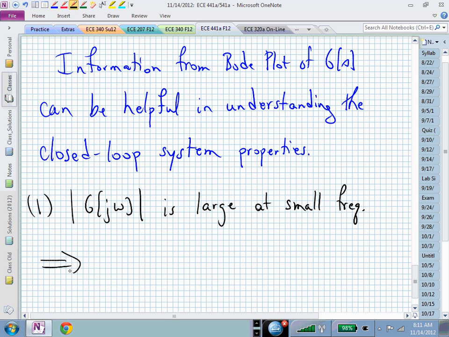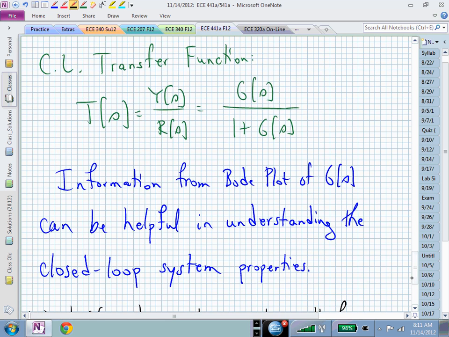What does that imply? Well, if we look at G relative to how it appears in the closed loop transfer function, if G is big, and big is relative to, let's say, 1 in the denominator, now we have big over 1 plus big.